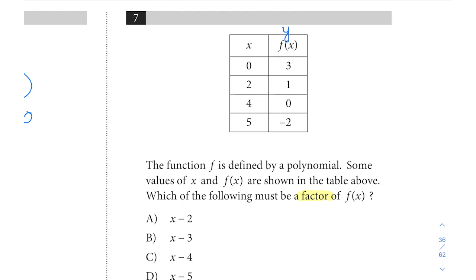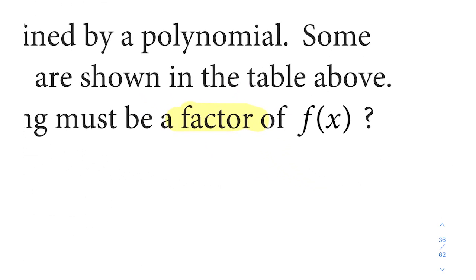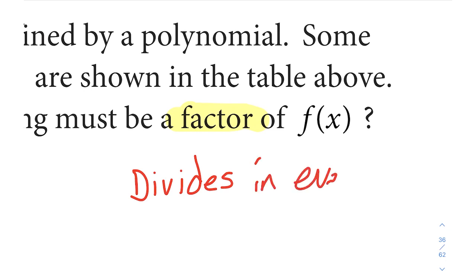And I'll put this in red because it is very important. But when they say a factor, there's two ways we can think of that. We want to think that it divides in evenly, meaning with no remainder, or remainder of 0.